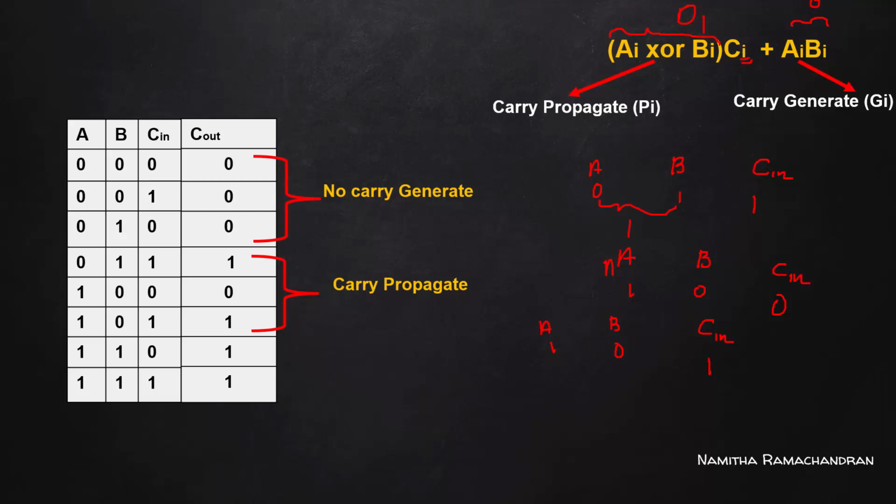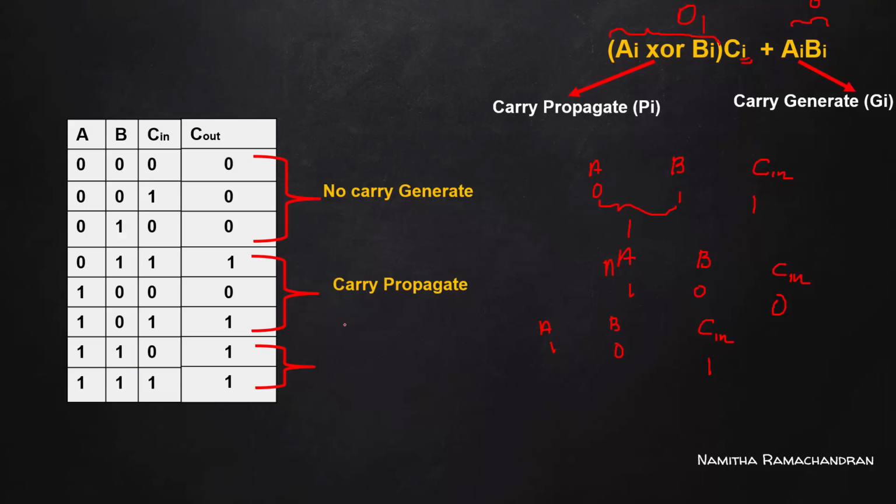Okay, now consider the remaining two input combinations. In these two cases, it generates carry without considering the previous carry. That is, without considering the Cin input, these two input combinations always generate the carry.